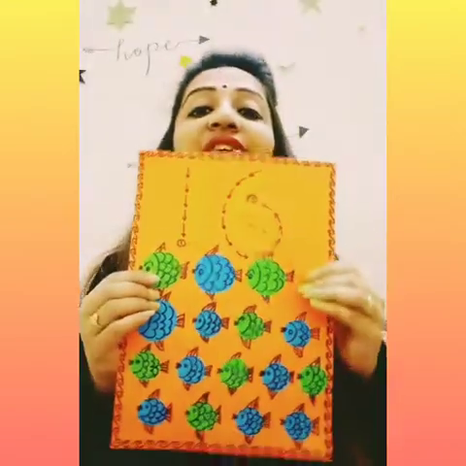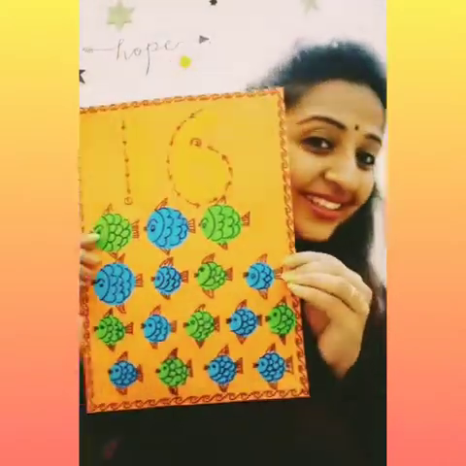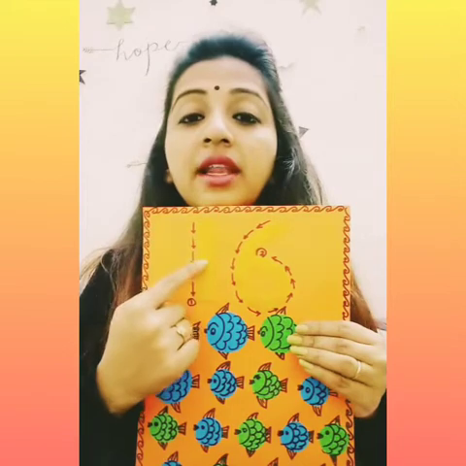Okay, so let's start. Here I have one worksheet for you. Kids, look here. This is number 16. 1, 6, 16. Now see the formation of number 16. You have to make one standing line for number 1.